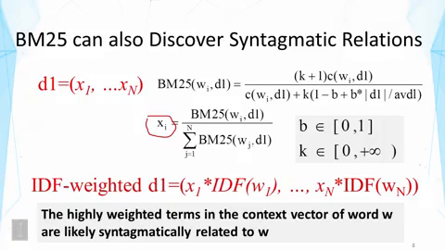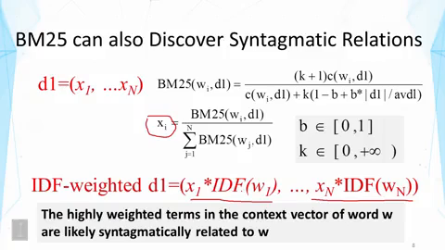But if we apply IDF weighting, as you see here, we can then reweight these terms based on IDF. That means the words that are common, like "the", will get penalized. So now the highest weighted terms will not be those common terms because they have lower IDFs.